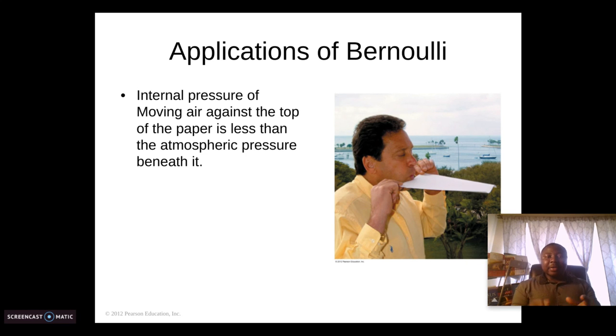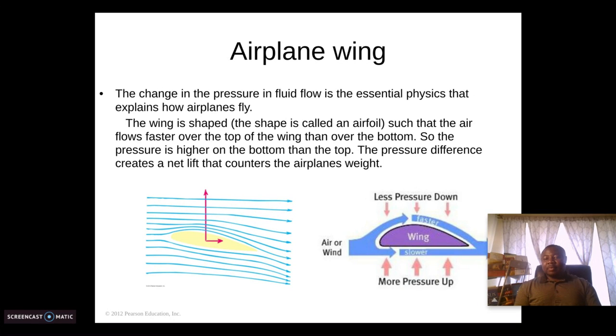Now this same principle happens when we are looking at airplanes. The change in the pressure in the fluid flow is essential physics that explains how airplanes fly. Like I've explained, the wing is shaped in such a way that the air tries to flow faster over the top of the wing than over the bottom.